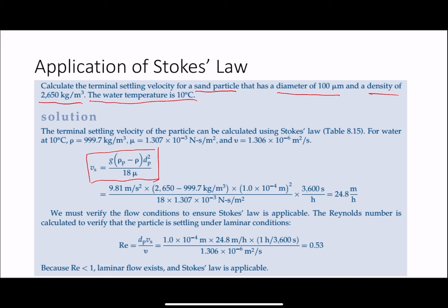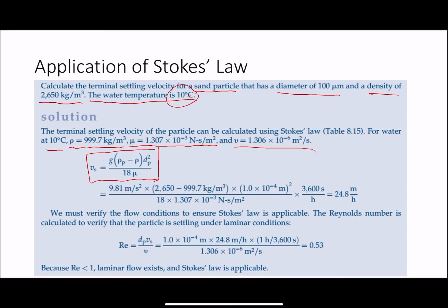First of all, the temperature of the water is 10 Celsius. We could find out the density of the water, 999 kilogram per meter cube. This could be found from tables, and it will be given to you in the exam. The viscosity of the water is 1.307 times 10 to the minus 3 Newton second per meter square at this temperature. And of course, this is the dynamic and kinematic viscosity at the same time.